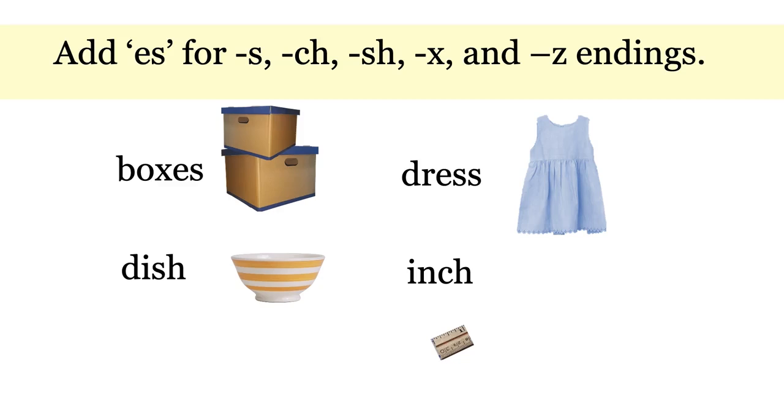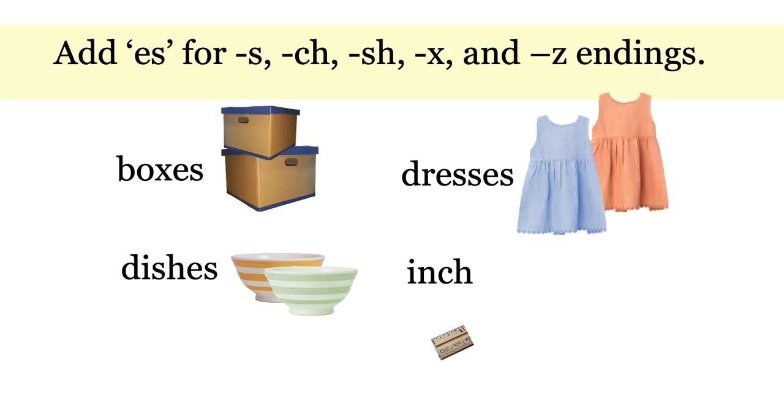To make the plural, we add ES and we get dishes. Dress ends with an S. We can't just add an S because the word would sound the same. So we add ES and we have 2 dresses. 1 inch becomes 12 inches because of that sh ending sound. We add ES.